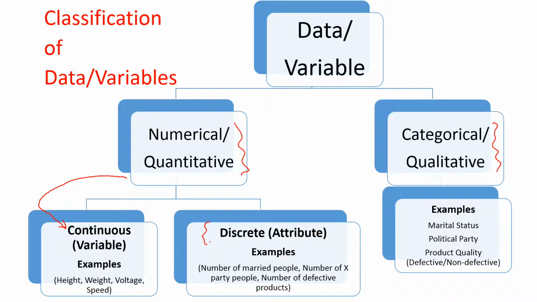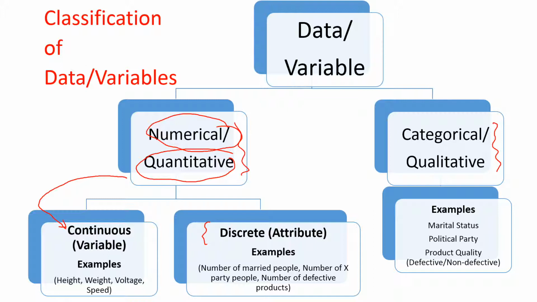They change by discrete numbers. So either 2 people or 3 people. It cannot be 2.5 people. So you can divide this quantitative or numeric data into two categories, continuous and discrete.